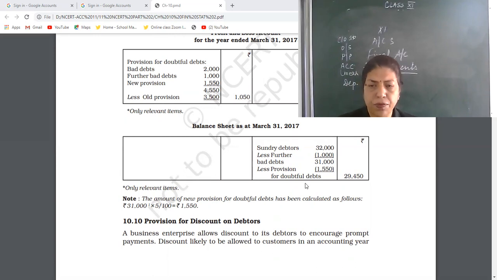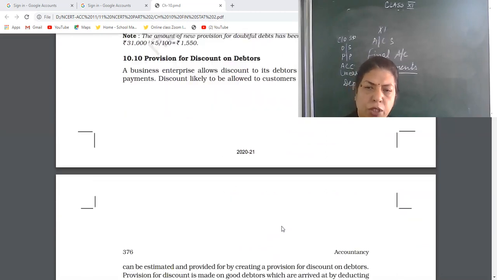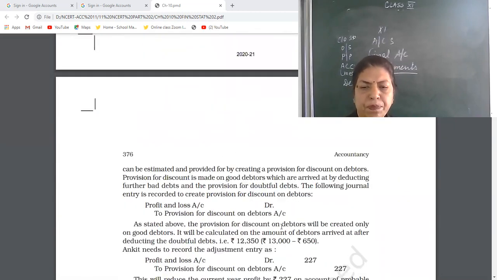If the organization gives a facility of discount on early payment, everyone will be ready to give the payment immediately. So provision for discount on debtors is allowed to customers for giving prompt payment.